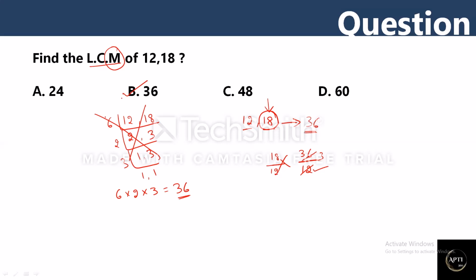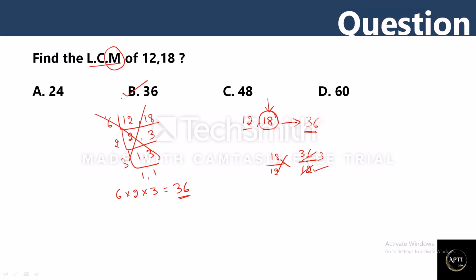LCM should always be the highest number in the list or a multiple of it. So the highest number is 18 here, and we need to check whether 18 is divisible by the remaining numbers or not. The remaining number here is only 12, so we need to check with 12. I hope you are all clear with that.